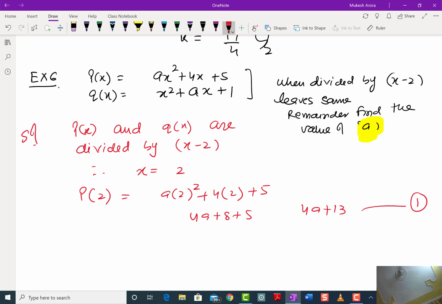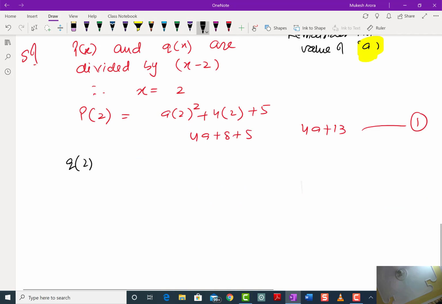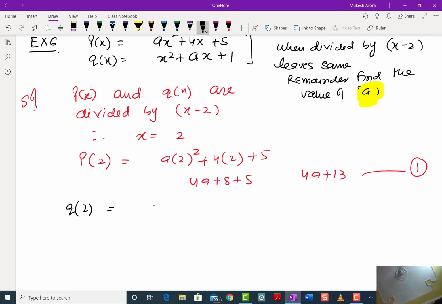This is the remainder of the first equation. Then q(2) will be 2 raised to the power 2 plus a into 2 plus 1, 4 plus 2a plus 1, that is 2a plus 5, that is remainder 2.